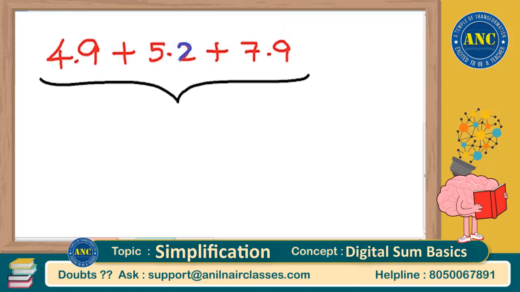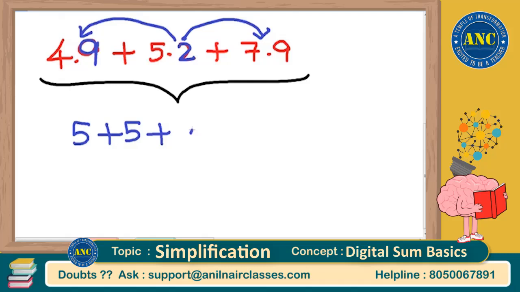This number has 0.2 extra, but this number has 0.1 deficit to make it a beautiful number. Take 0.1 from this one and give 0.1 to the other one as well. It is easier to add 5 plus 5 plus 8 rather than adding 4.9 plus 5.2 plus 7.9. That means have that beautiful nature of distributing things to people whenever there is a possibility.